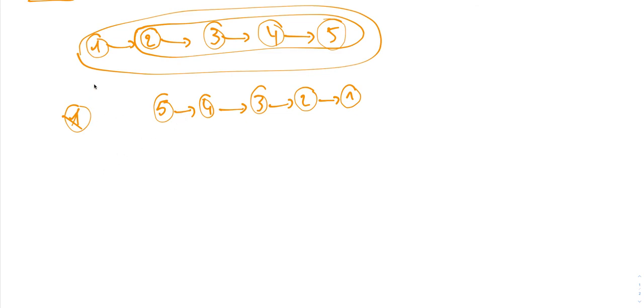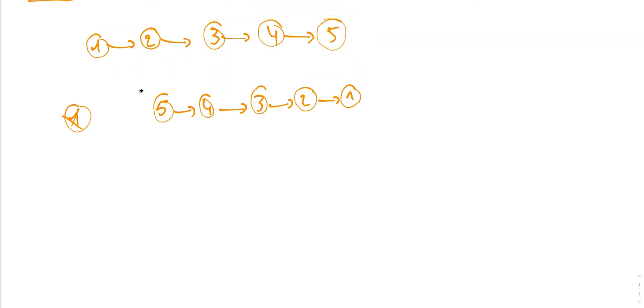That doesn't sound like a really good solution. Okay, but what I can do is, at first, just gonna remove this. Actually, before reversing this linked list, I can keep track of this element.